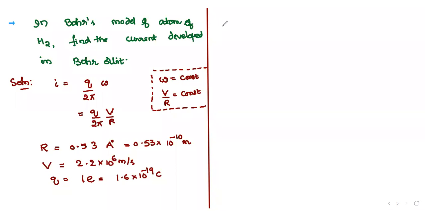Finally, how much did you get? I equals what your calculator is saying. 2 pi is 6.28, V is 2.2 times 10 power 6 upon R, which is 0.53 times 10 power minus 10.